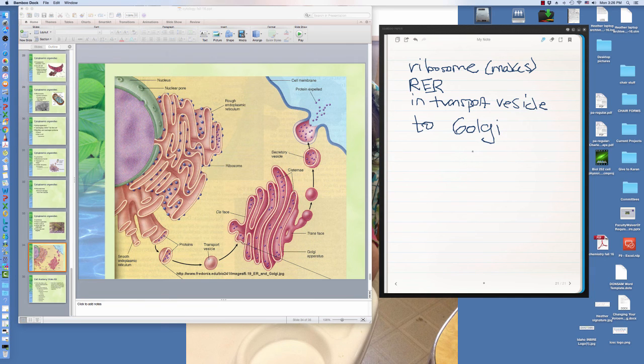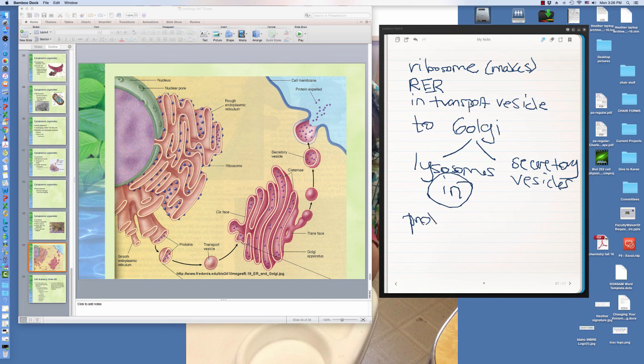Once they get to the Golgi apparatus, then they are repackaged into what are referred to as lysosomes or secretory vesicles. And a reminder, the lysosomes stay in the cell, and their job is they contain enzymes, specifically proteolytic enzymes.